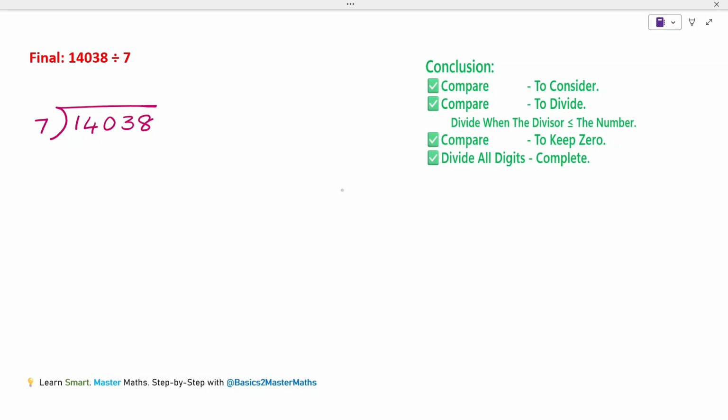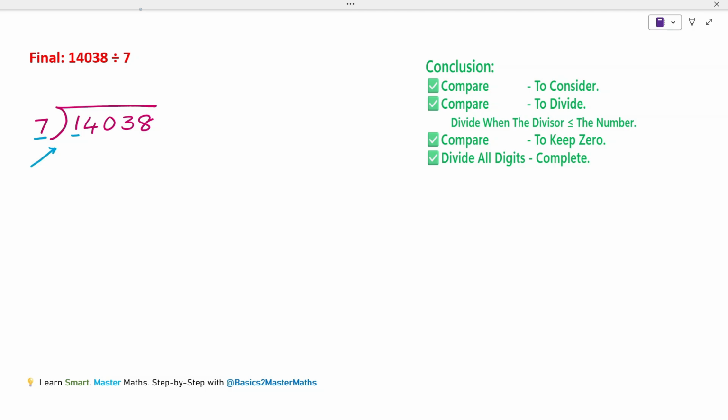Today we will solve the last problem on division. Here the divisor is 7 and it has only one digit. So you have to consider one digit of the dividend from the left.